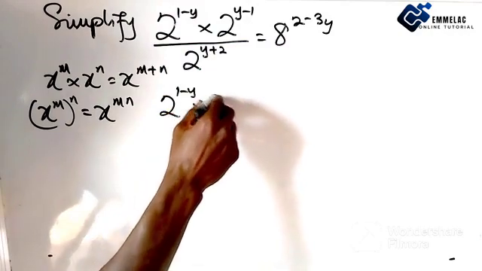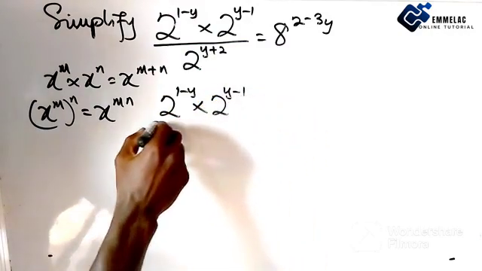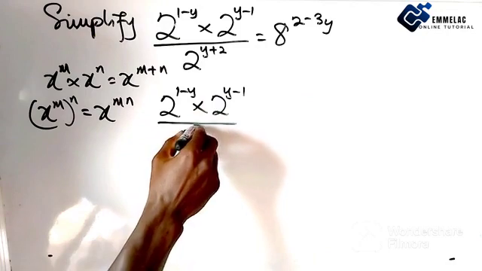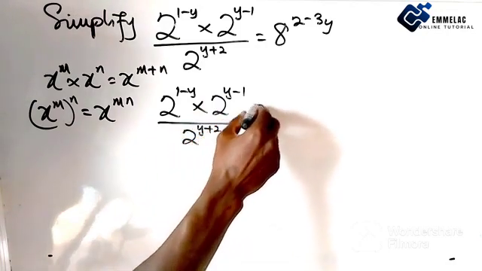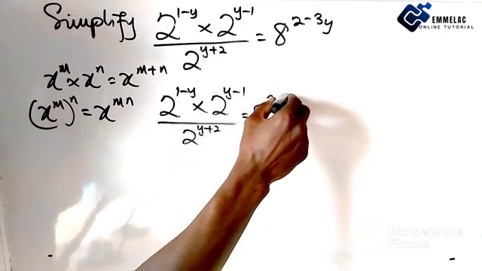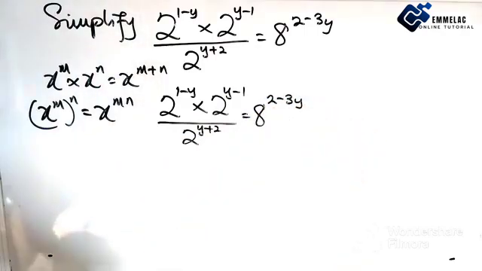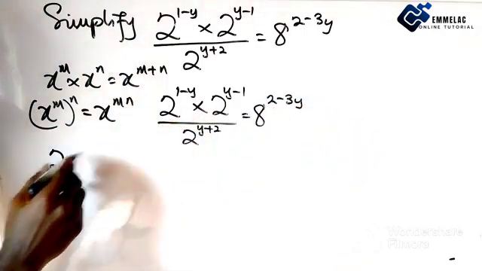Let me just write it out first. y minus 1, then over 2 raised to the power y plus 2 equals 8 raised to the power 2 minus 3y.